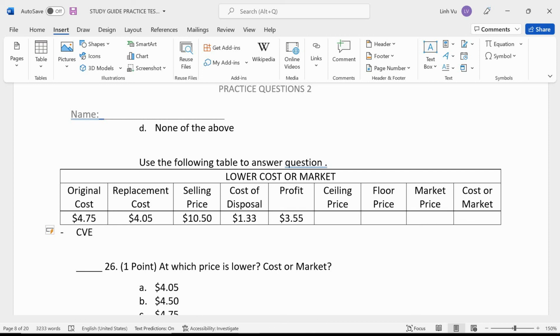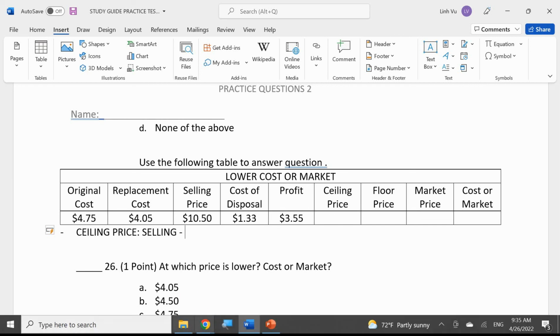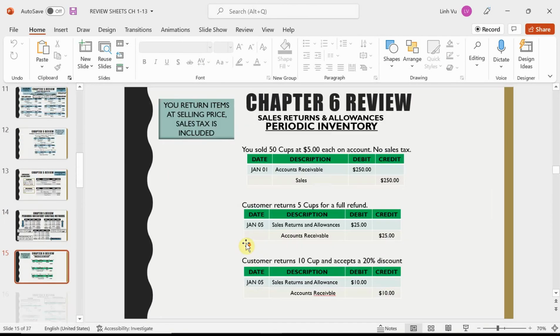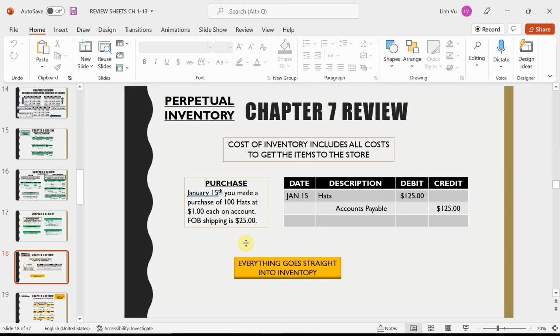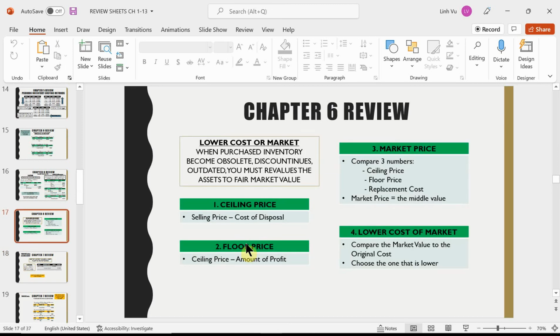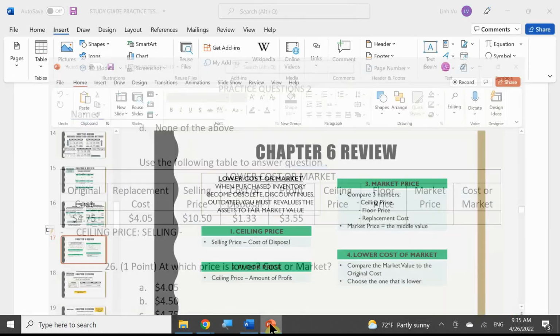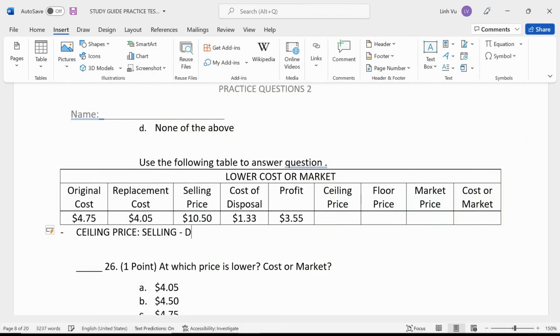The ceiling is selling price minus cost of disposal.